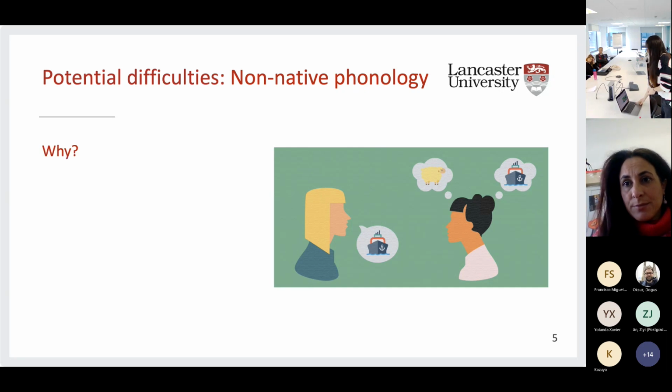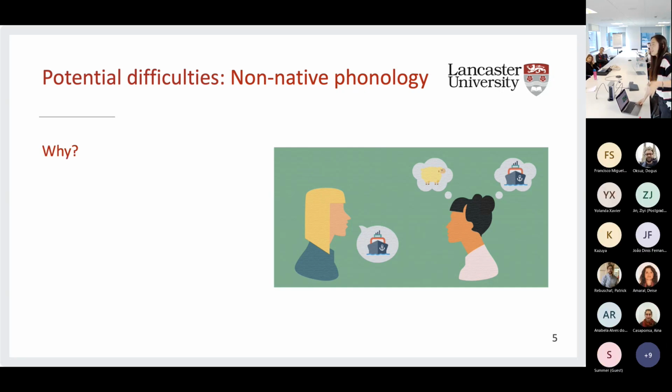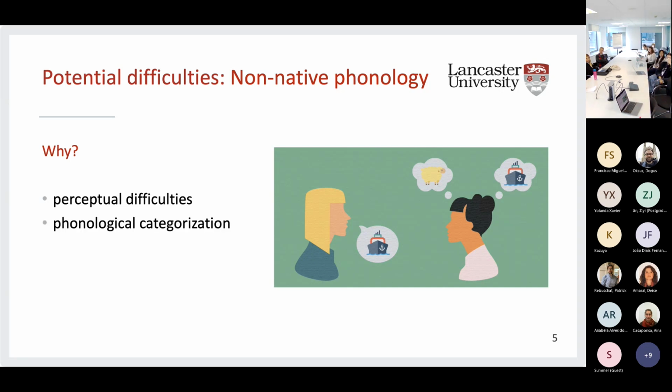So why is this a problem actually? It could be perceptual difficulties: perceptually you couldn't hear the difference, you just think the two sounds are the same. Or it could be a problem at the phonological level: you hear the trivial differences between the sounds, but you don't categorize them into different phonological categories.